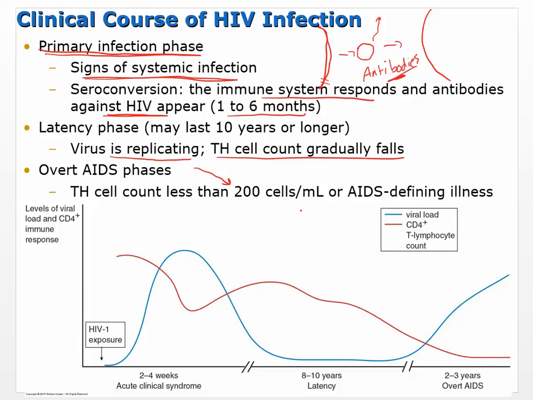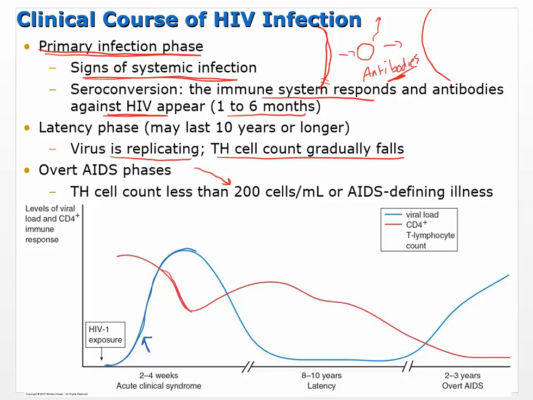Now, if we look at what happens over time, we can see the viral load. That's the blue here. Okay, that's the viral load. You can see that initial exposure, you have just out of control division, and the cells can't respond. Your immune system hasn't responded. Initially it kills a lot of these T cells.